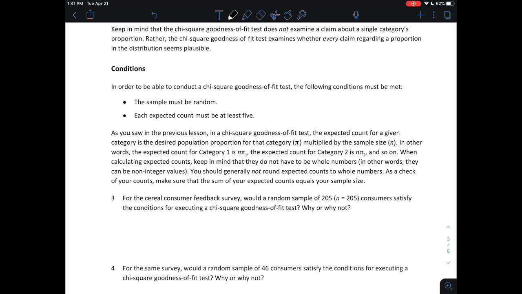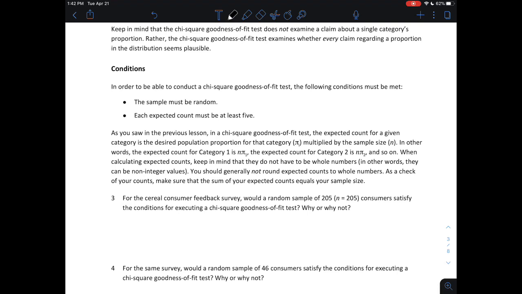The expected count for category 2 is n times pi 2, and so on. When calculating expected counts, keep in mind that they do not have to be whole numbers. In other words, they can be non-integer values, so things like decimals. You should generally not round expected counts to whole numbers. As a check of your counts, make sure that the sum of your expected counts equals your sample size.